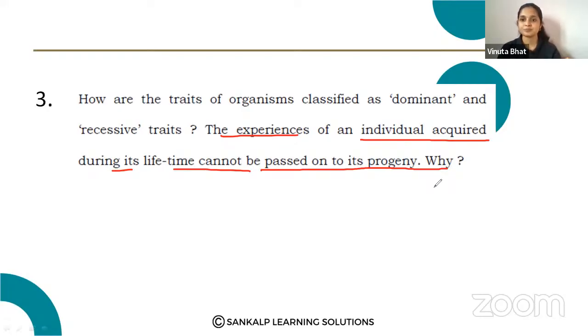Because the acquired characters are not produced by proteins or by genetic expression. They are acquired, not by inheritance or genetic change, so they are not passed on. So you can write the answer like this: which is expressed and which will not express.